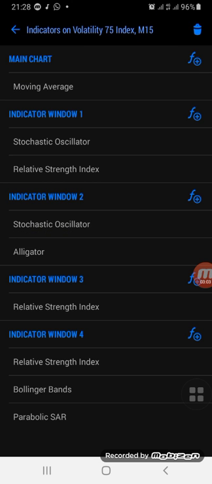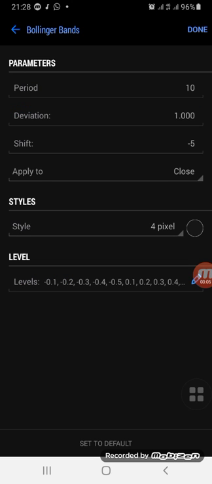Now the next one is the Bollinger Band. The period is 10, deviation is 1.00, shift is -1, apply to close. For the pixel I choose my background color, which is black. You can choose your own background color if you wish.